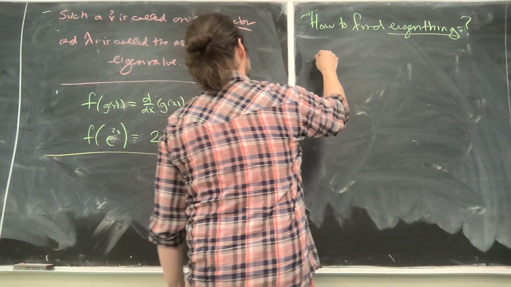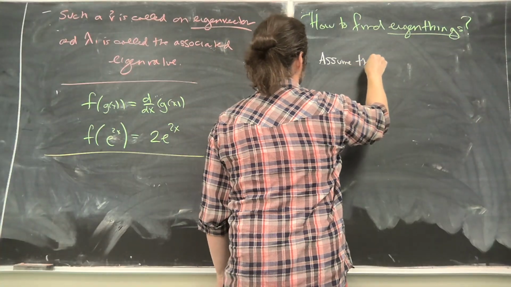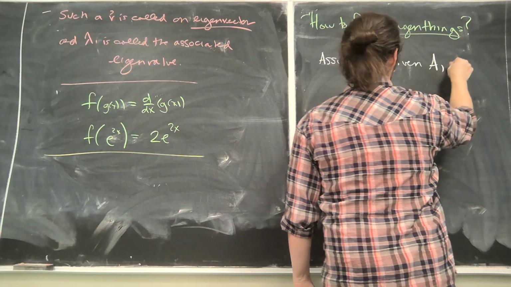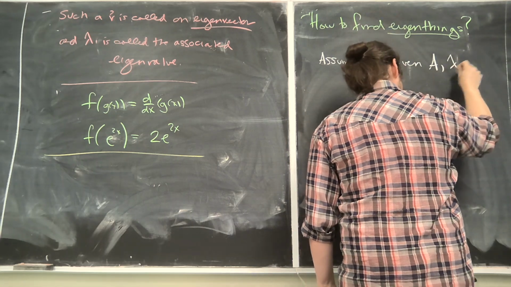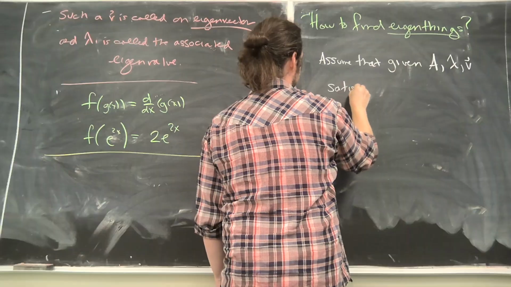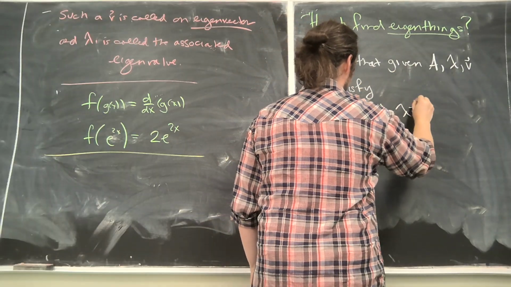So we're going to start by, let's assume that we're given a matrix A, a scalar lambda, and a vector v that satisfy A times v is equal to lambda v.